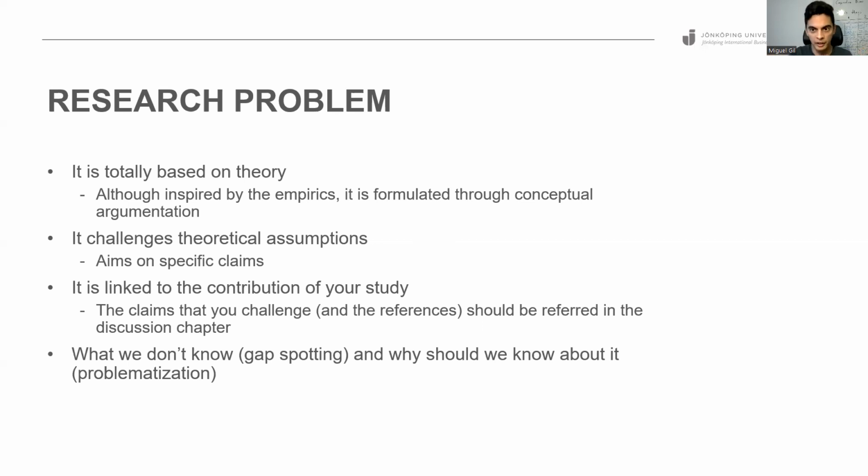Although it is inspired by empirics, because the empirics give you inspiration on how to challenge the concepts, it has to be theoretically based. There is no way that you are not going to use the literature to problematize something. That's why at this moment, and we will do an exercise about it, it will be difficult. We need to read first.